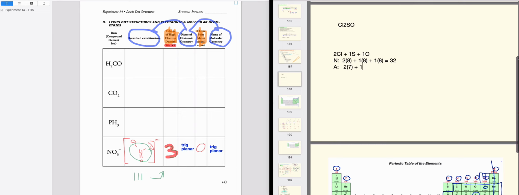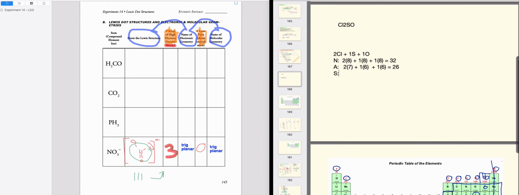My sulfur is in group 16, so it's going to bring 6 valence electrons. And my 1 oxygen, as usual, is going to bring 6 electrons, same as every time. So that's for a total of 14 and 12. Can I do that in my head? 26. Let me know if I do the math wrong.